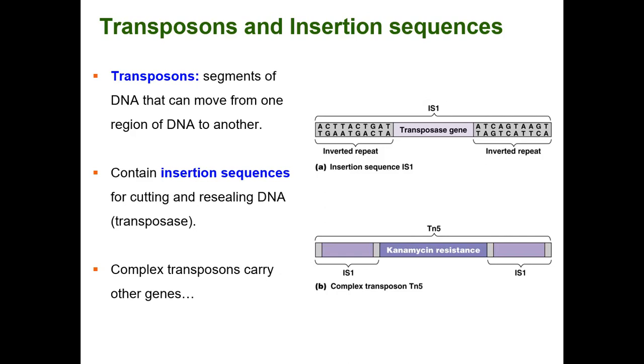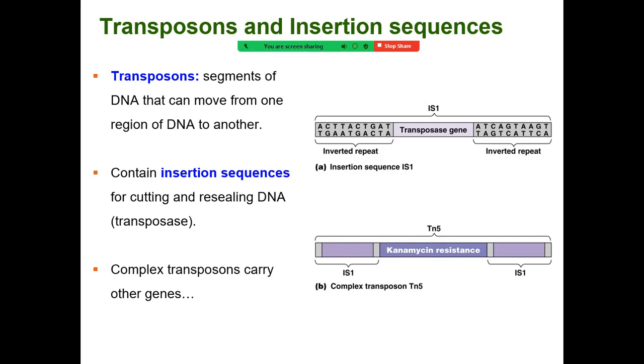So the overall effect of a transposon is they shuffle up the genes in a cell. For example, if kanamycin resistance was right next to the gene for, I don't know, methicillin resistance, if this is on a transposon, it can move to another region of the DNA or to another chromosome.